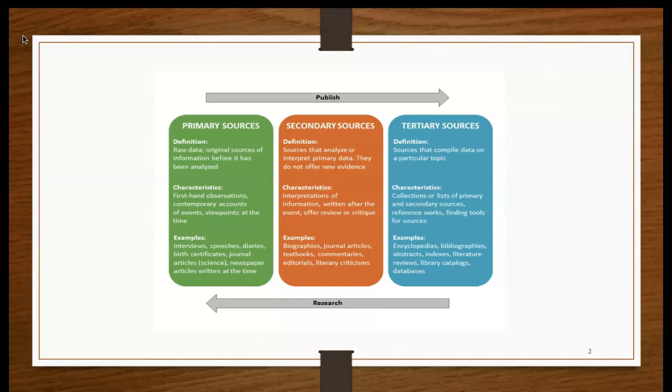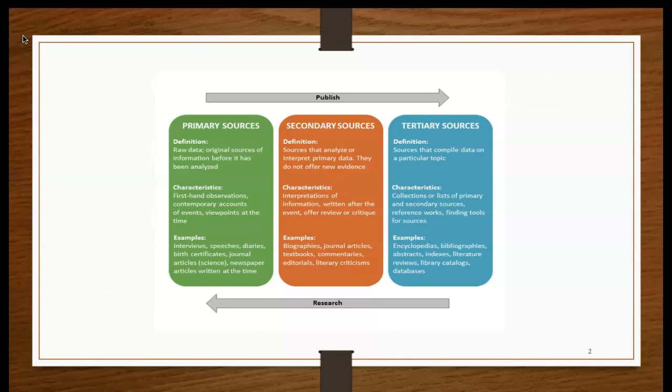So as you can see in the definition that is given here, it's raw data. It's the original sources of information. It's first-hand observations. It's a contemporary account of an event or a viewpoint given at the time. And I'm going to talk a little bit more in just a minute about different examples of primary sources.